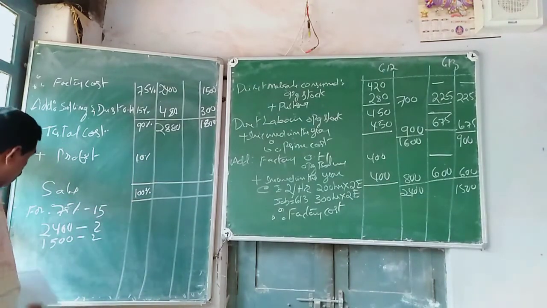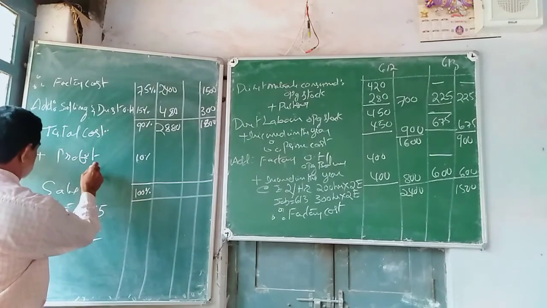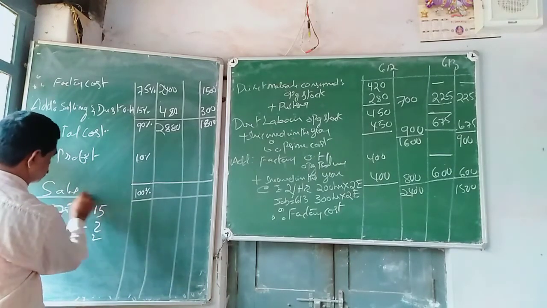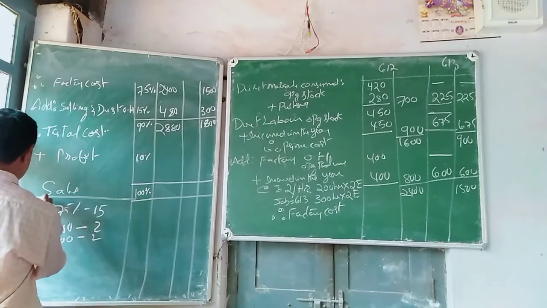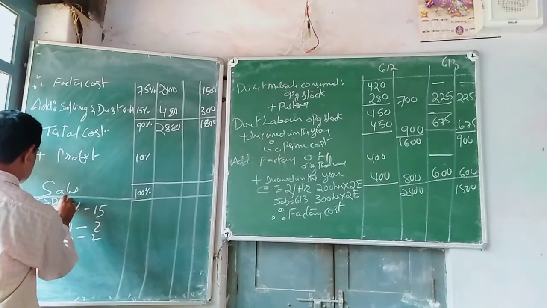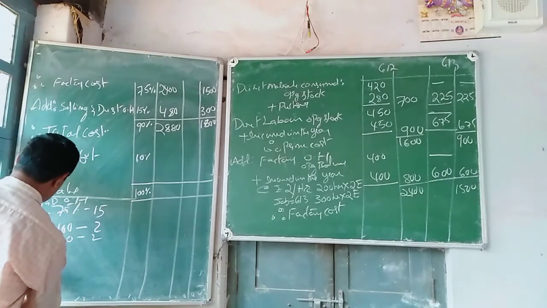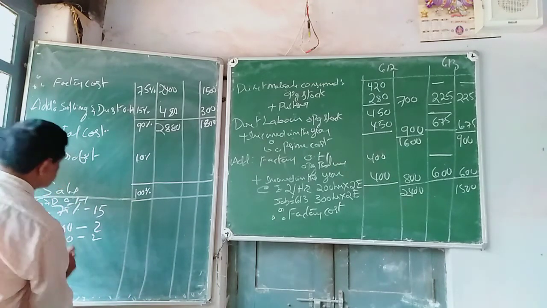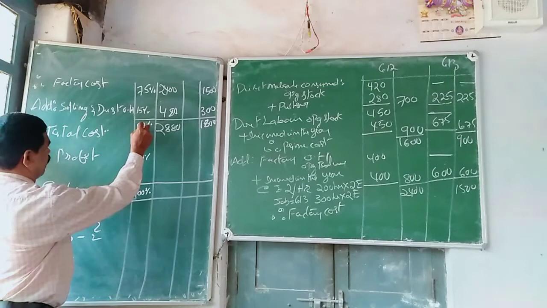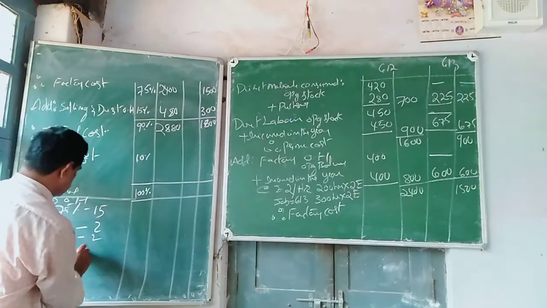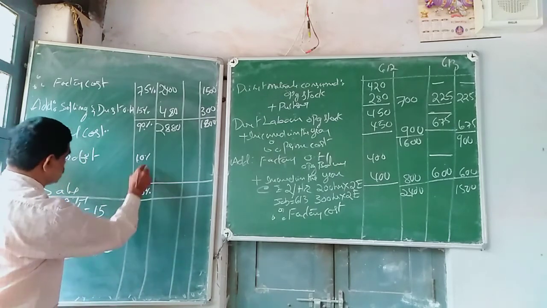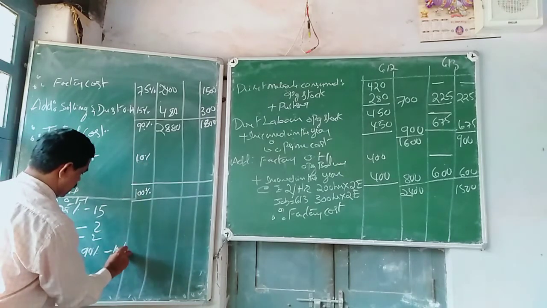Now calculation of the profit. This is the selling and distribution overhead. Then profit: for 90%, the profit is 10%.